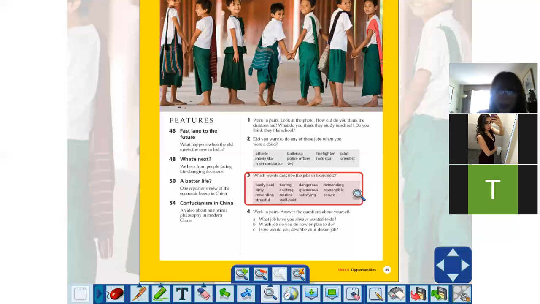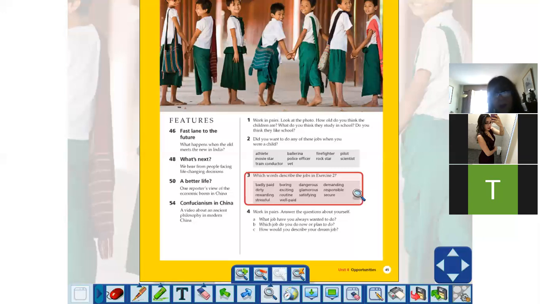Yeah, okay. And what about, for example, responsible? What words describe the jobs that need responsibility or imply responsibility? Well, I think scientists, of course, that's very important. It involves a lot of responsibility. So you have to be responsible when you are a scientist. Well, in the case of also maybe a vet, also responsible, firefighter, I think.